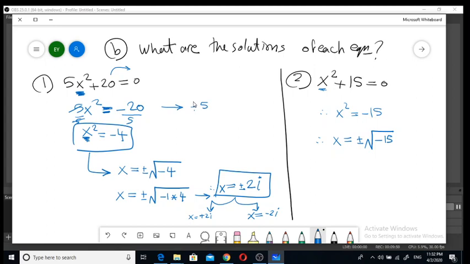So also we have two solutions. x is equal to plus or minus square root of negative 1 times square root of 15. We can replace square root of negative 1 by i, so it will be plus or minus i square root of 15. And this is the final answer.